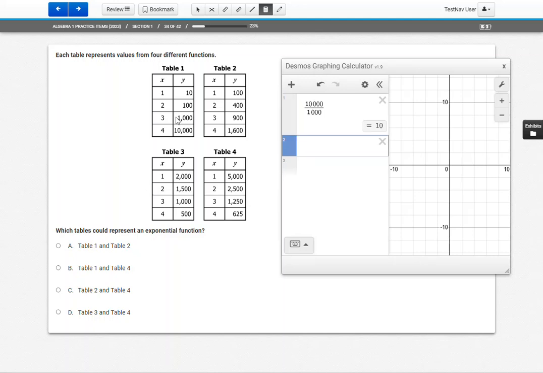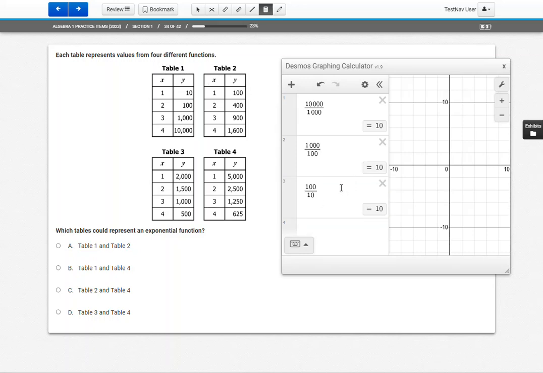Then the 1,000, do the same and divide by the previous term. See how it keeps coming to the same number? It's 10. What that means is 10 times 10 is 100, 100 times 10 is 1,000, and 1,000 times 10 is 10,000. So this is definitely an exponential function, table 1.